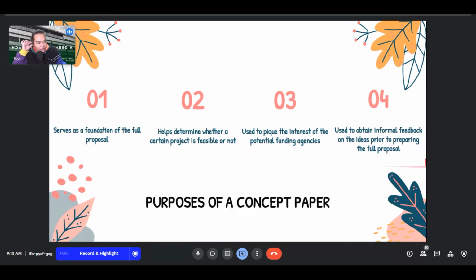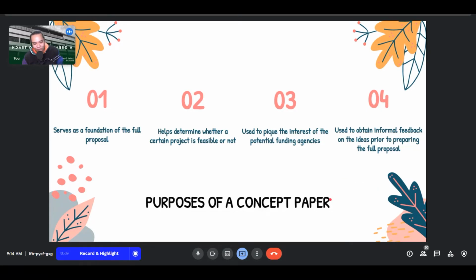Next, we have to obtain informal feedback on the ideas prior to preparing for the full proposal. So here, the fourth purpose, when we say informal feedback, the closest real life example of this is a defense. Okay?